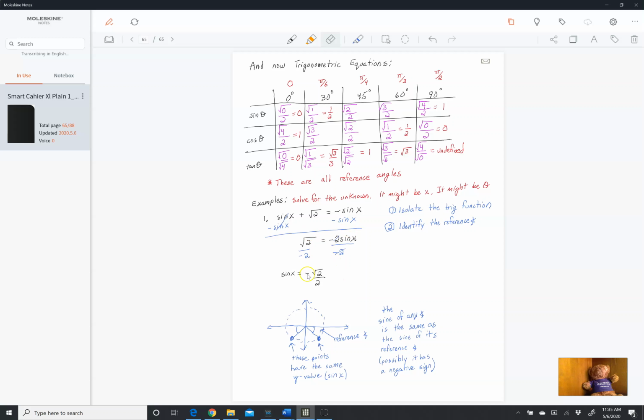Okay, so sometimes I'm going to tell you to do it in degrees, and sometimes I'm going to tell you to do it in radians. So this one we're going to do in radians, and typically in the next problems, I'm going to tell you, okay?